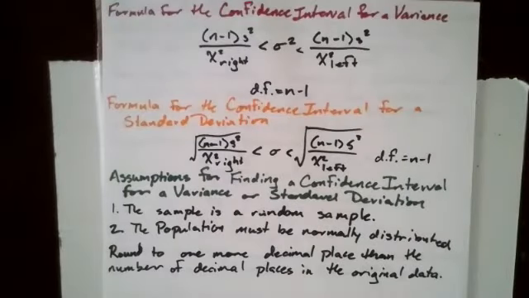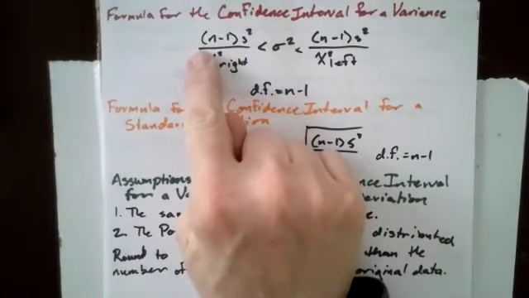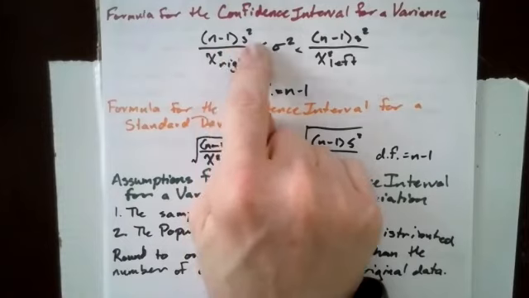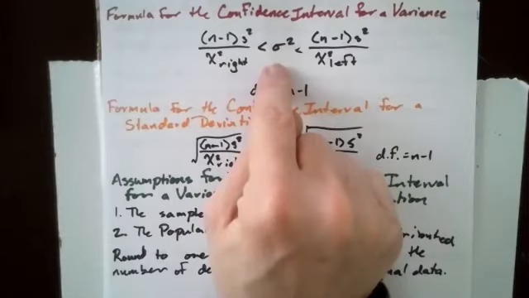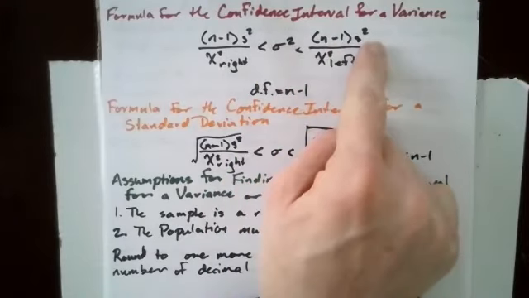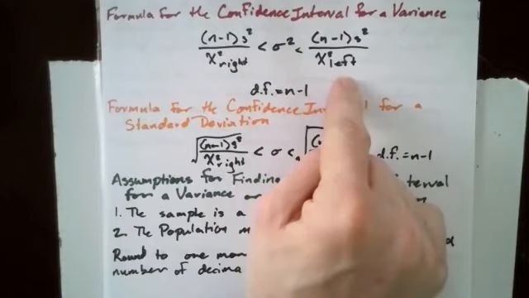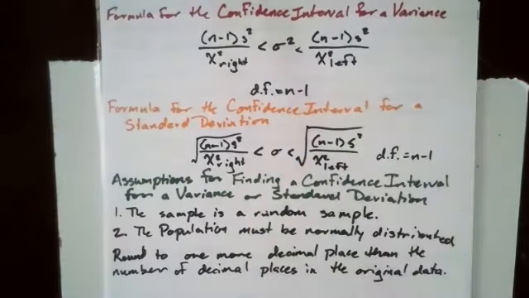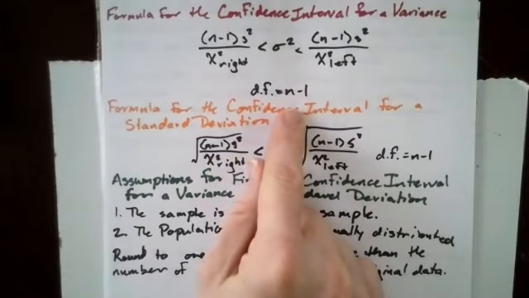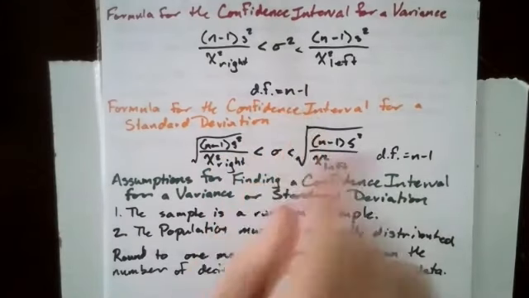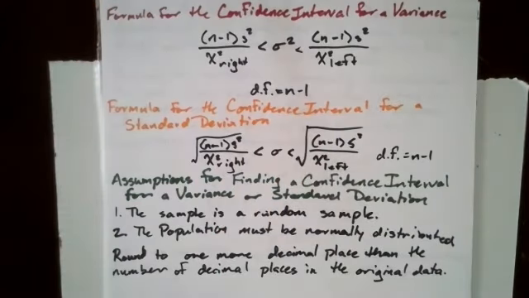So here are the formulas for the confidence interval for a variance and the confidence interval for a standard deviation. For the variance, we have (n-1) times s squared over chi-square right is less than sigma squared is less than (n-1) times s squared over chi-square left. The degrees of freedom for both of these are n-1, where n is the number of items in the sample.